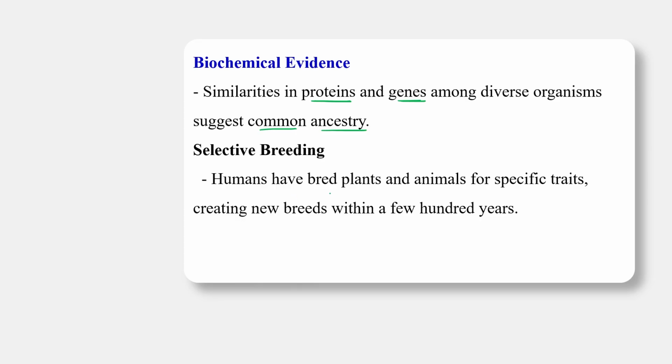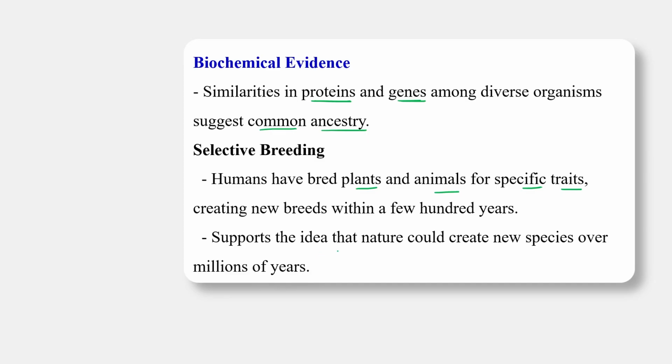Humans also hybridize or breed different plants as well as animals, just to get a specific trait, to create new breeds with good quality within a few generations, or within a few hundred years.